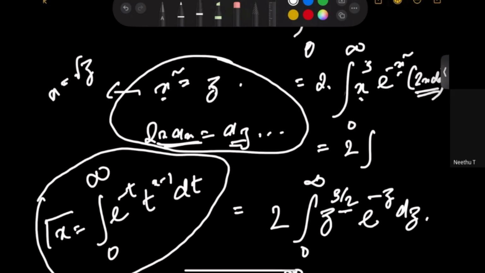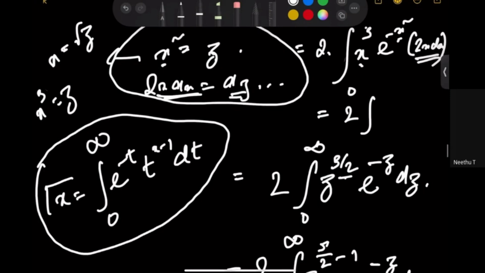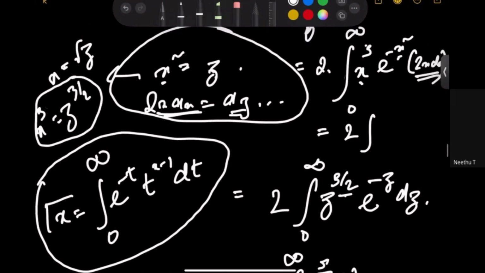Then x to the power 3 will become z to the power half, to the power 3, that is 3 by 2. Are you following? Yes. So z to the power 3 by 2 e to the power minus z dz from 0 to infinity. That is what we have here.